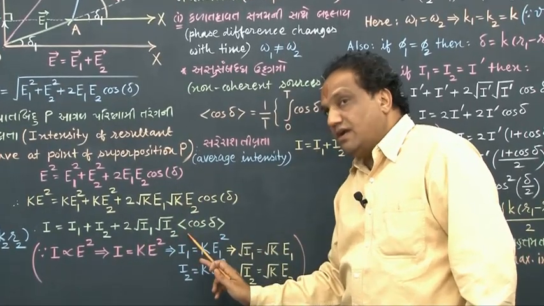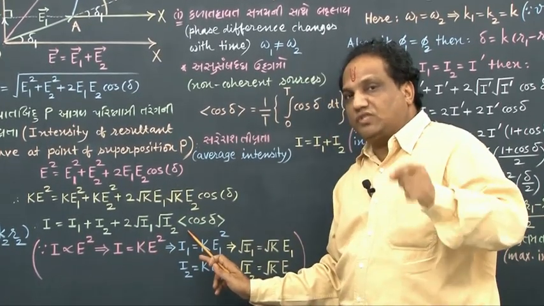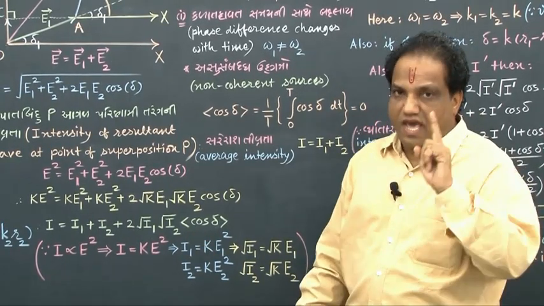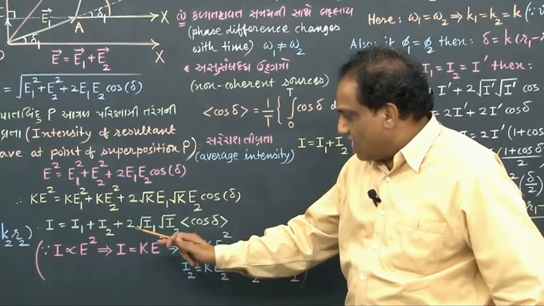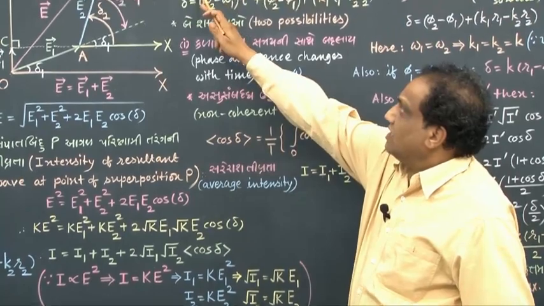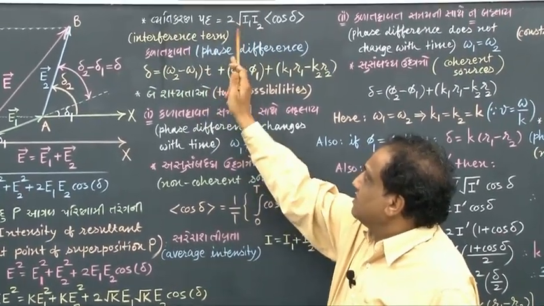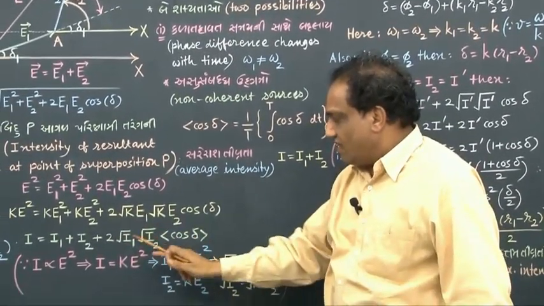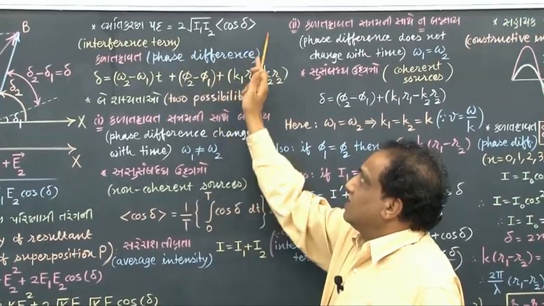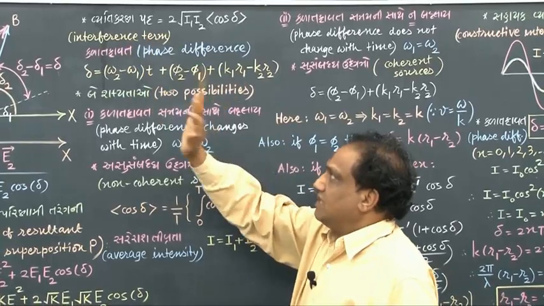Such a time dependent term is known by a specific name. It is called an interference term. So from now onwards, treat this term as an interference term. That's what I have written here. The interference term is this term, 2 into under root of I1 into I2 into average of cos delta.